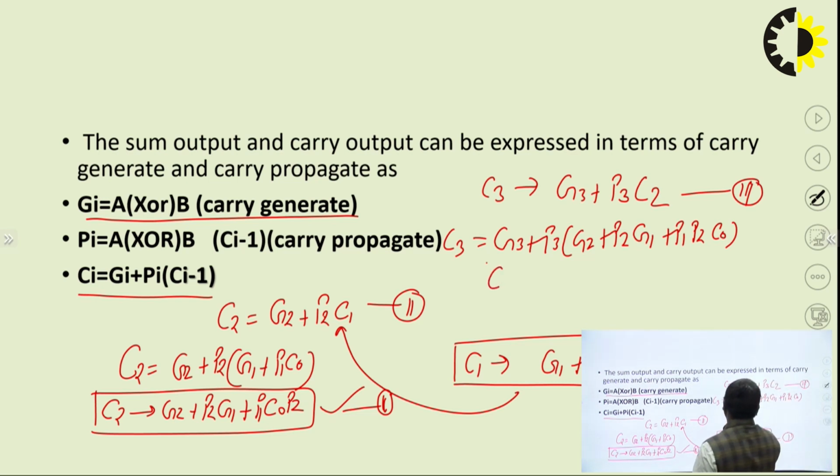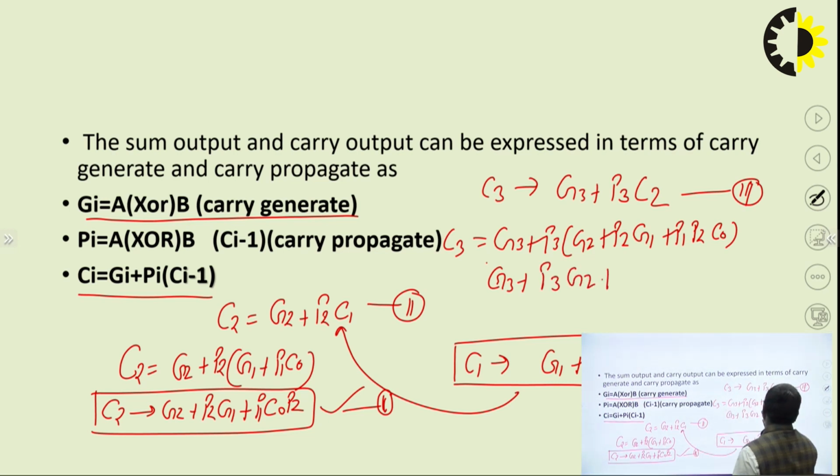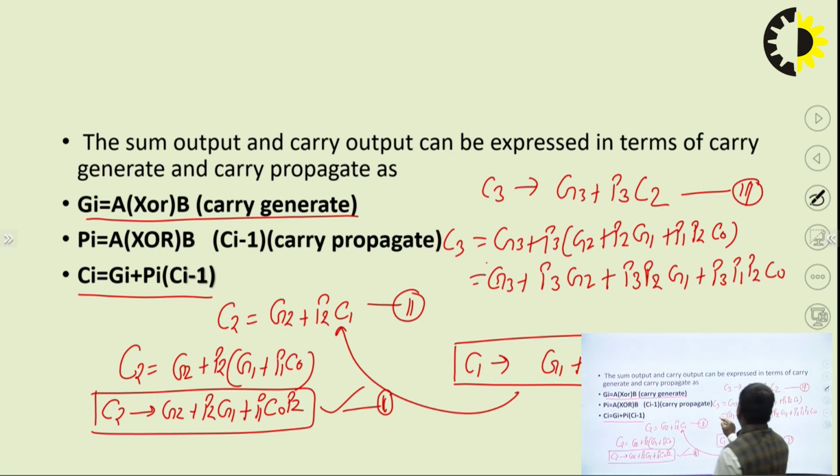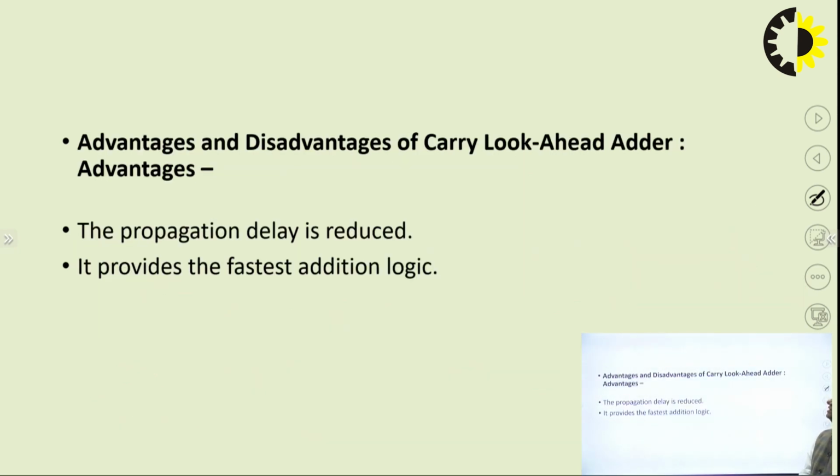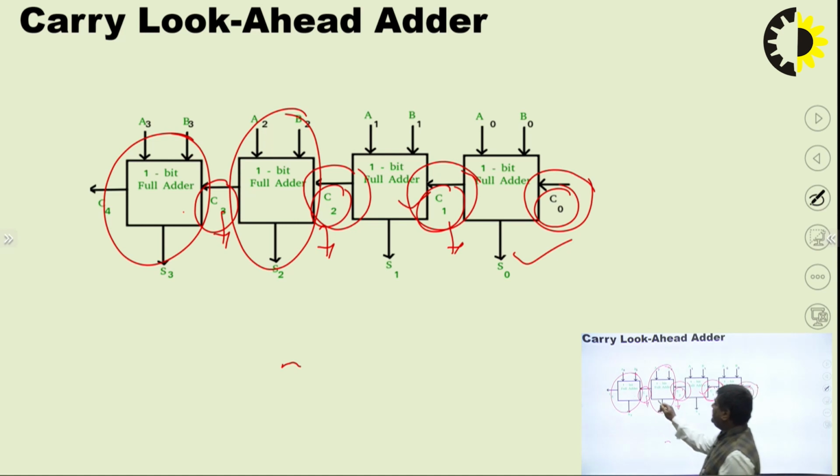When we solve this equation, we find the value of C3, that is G3 plus P3 G2 plus P3 P2 G1 plus P3 P1 P2 and C0. Now this value is known as C3. If we directly implement this value in this circuit here, then the carry propagation delay for this full adder is removed.